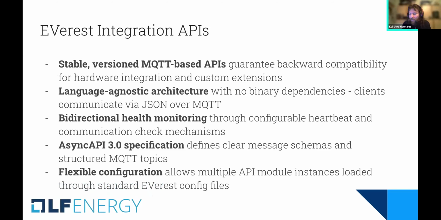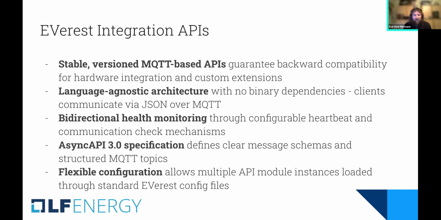So now, what's new in Everest since our last update. We have added a big code donation from Bionics in September: a stable versioned MQTT based API mechanism with the idea of offering an API that basically anybody can program against, with some guarantees regarding backwards compatibility.